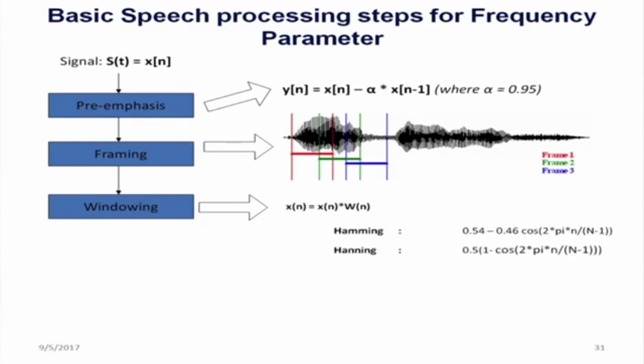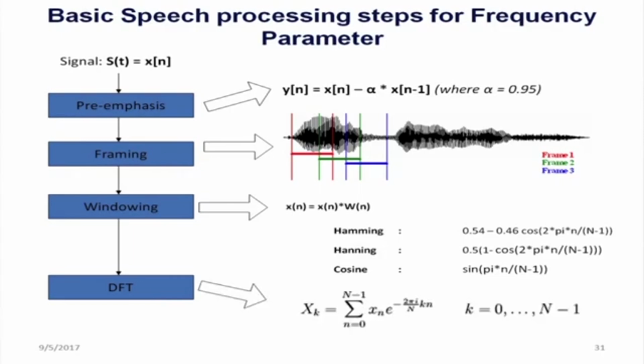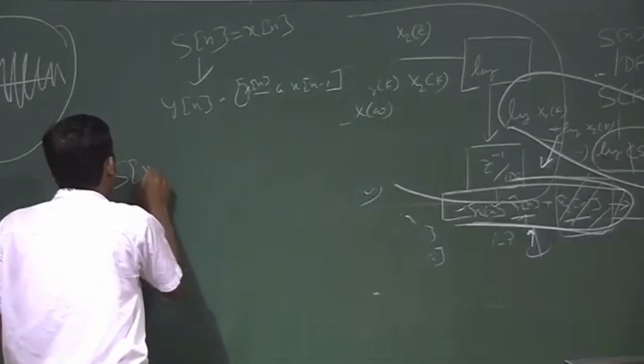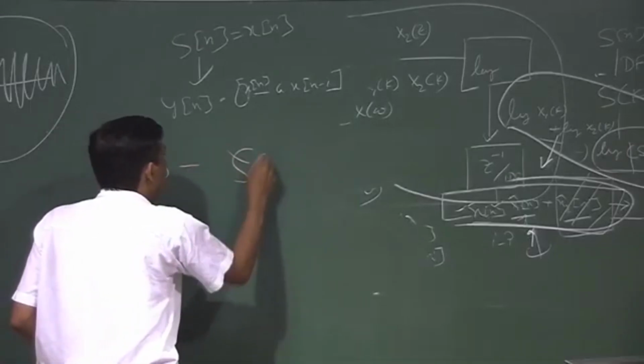Then windowing: Hamming, Hanning, cosine or rectangular. If I do not multiply by anything, that means I am multiplying by 1, which is a rectangular window. Then I do the DFT. Up to this process, we convert S(n) to S(k).